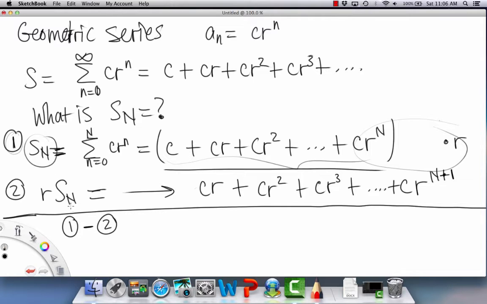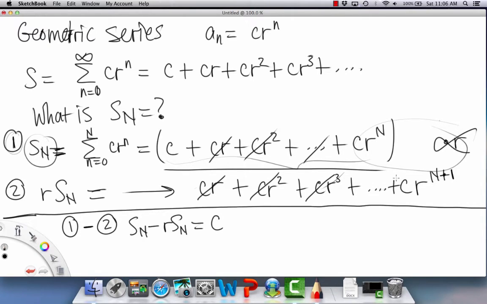So on the left, we get S_n minus R S_n. And then on the right side, when we do the top minus the bottom, ignore this part, that was just for calculation purposes. So C minus, there's no other constant, so we're still going to get C. And then we have CR minus CR, so these cancel, and these cancel. So all the middle terms are going to cancel.